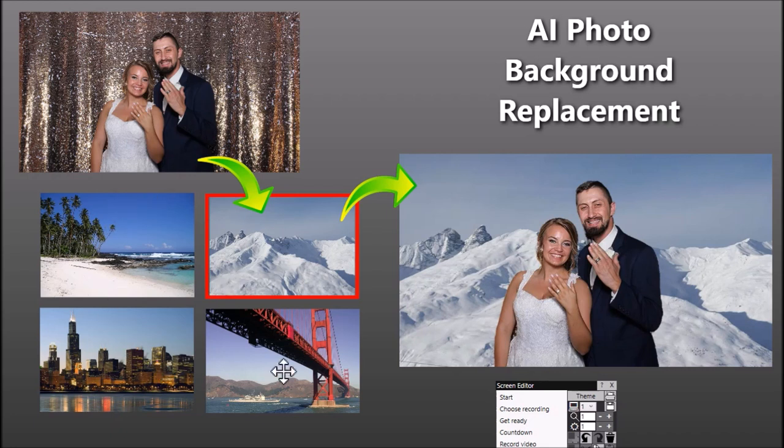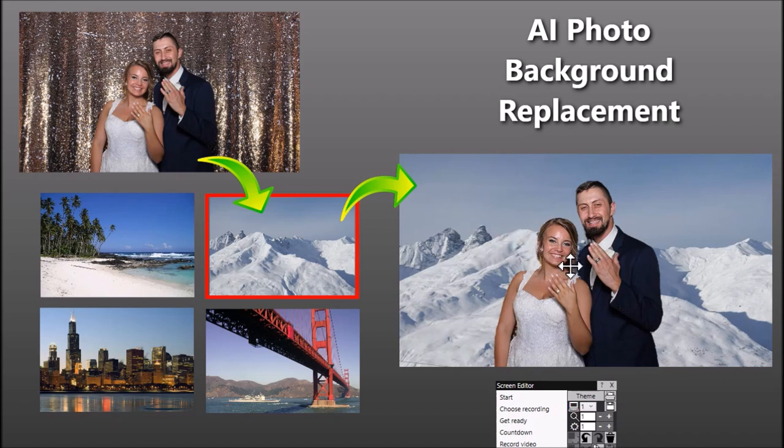Now these backgrounds will come from your computer, so you can pick any backgrounds you like. And what happens after the user has chosen a background is that RightBooth will send that background and the photo to an AI service, and the resulting photo will be returned to RightBooth.